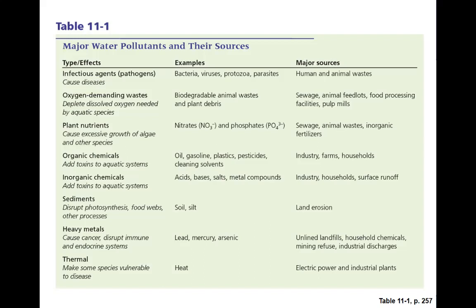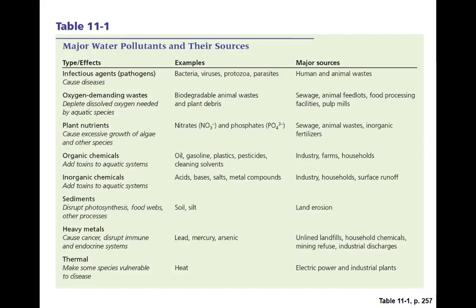Sediments. This is your soil, your silt. This is because of land erosion, often from things like poor farming or poor ranching practices, leading to degradation of the riparian zone right around the river. And we see a decline in the overall health of the waterway. Heavy metals: lead, mercury, arsenic. I think I gave you guys an example before. If not, it'll come up again when we talk about the ocean.